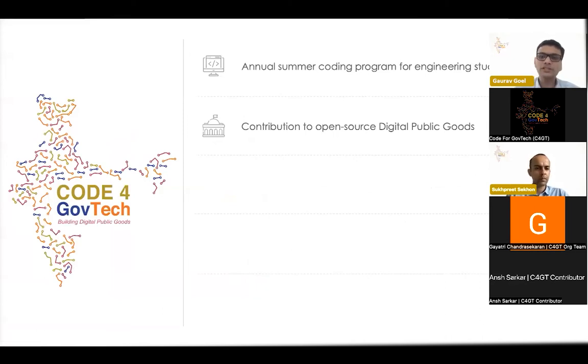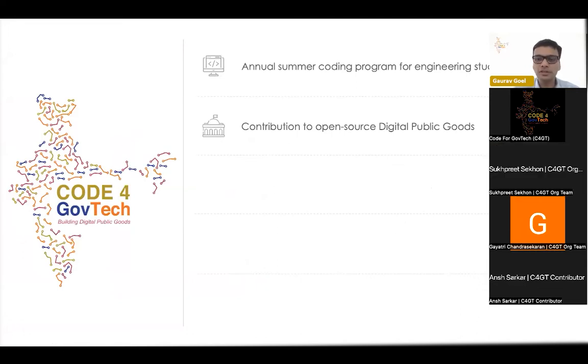Then the applications get opened up to the engineering students, who apply for these projects and share how they will contribute to them. Based on this application, these practitioners, whom we call mentors, will select specific contributors, or engineering students, who will be working on these projects during their summer vacations.